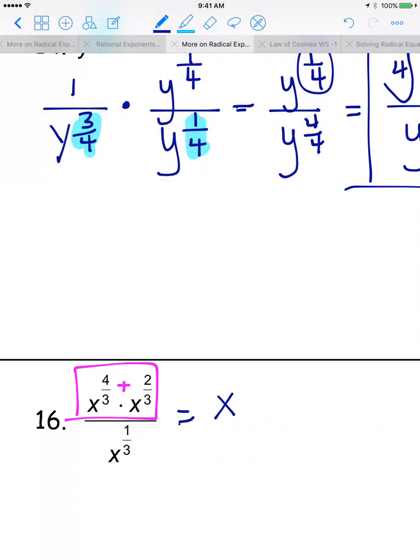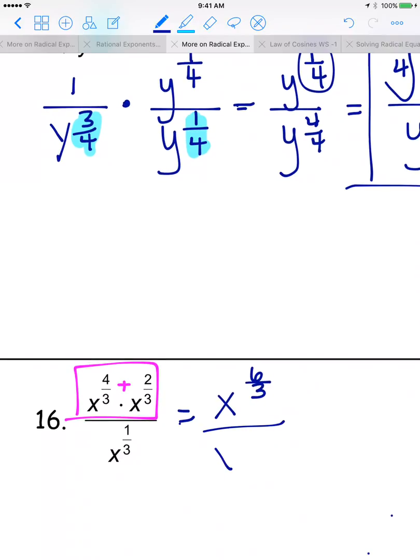So if I add these together, I get 4/3 plus 2/3 is going to give me 6/3 over 1/3. And so now I know that 6/3 is going to be 2. So if I keep simplifying this, I'm going to have x squared. But hold up. At this point, I'm not sure if that's going to be the best bet for us.